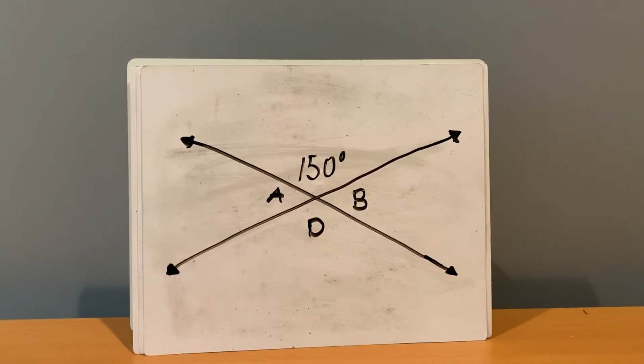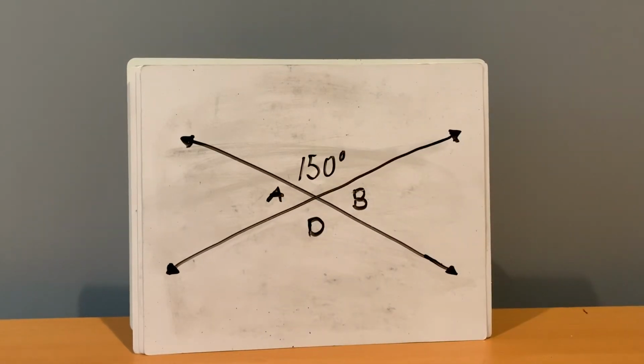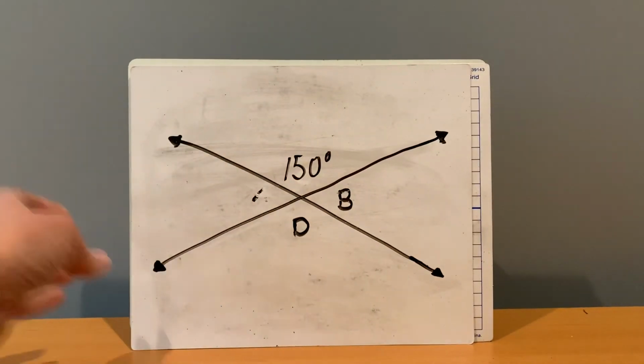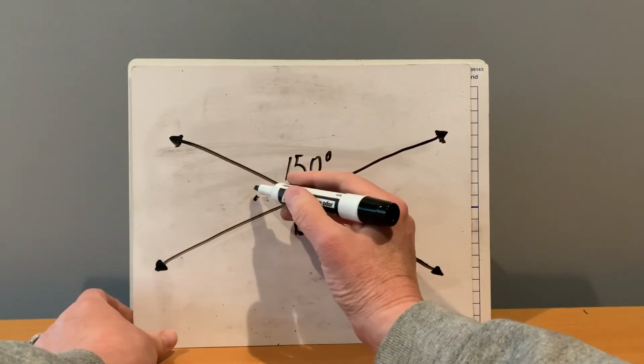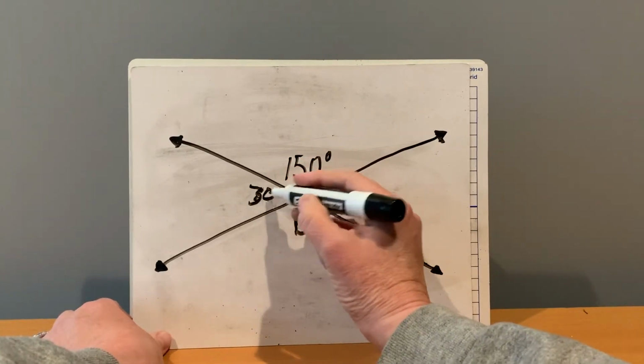And if you'll recall, straight angles are supplementary angles. They equal 180 degrees. So then we can figure out that angle A is 30 degrees because 150 plus 30 equals 180.